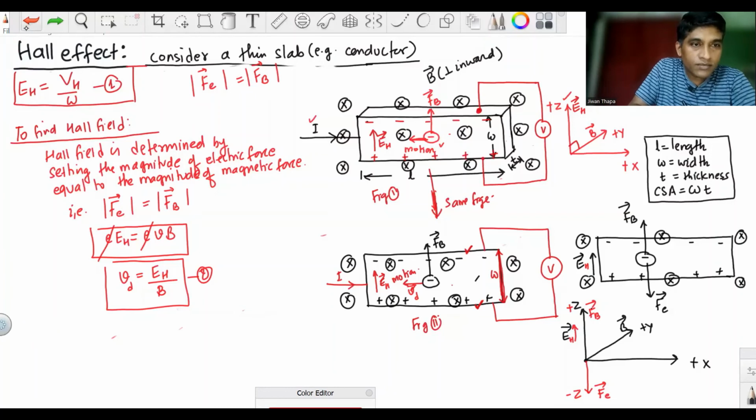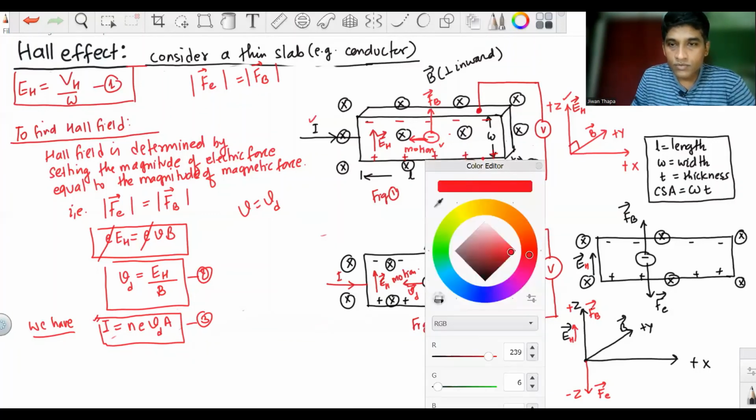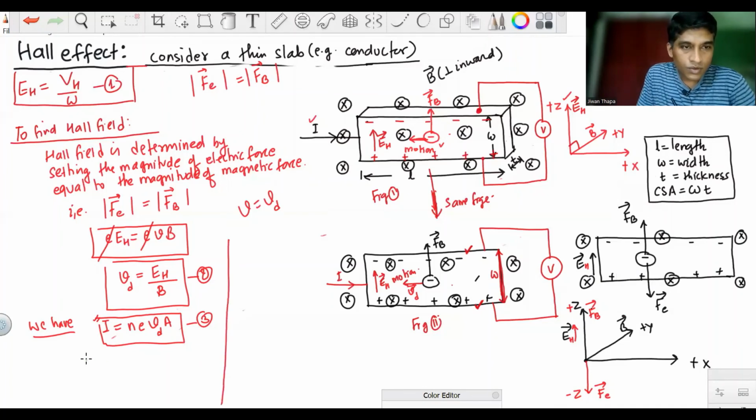Now we use I equals NE VD A. I have changed velocity from V to VD, because I'm going to use this relation for the calculation. What is A?